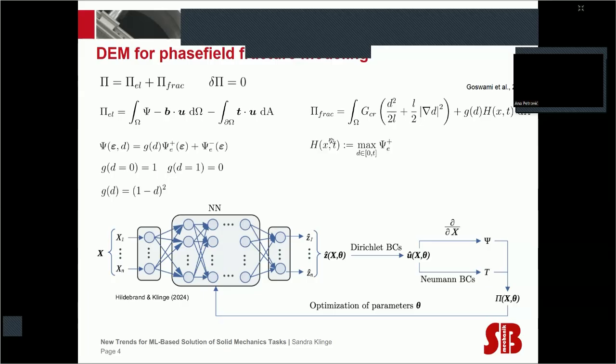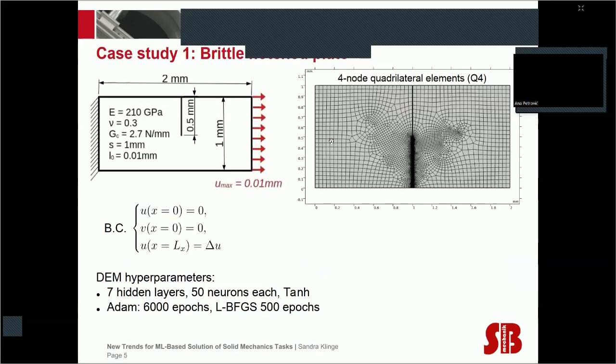So of course, now you can see we have a potential which is going back to the phase field method, because we have the neural network, the deep energy method, and we have a method which can help us to simulate the damage.